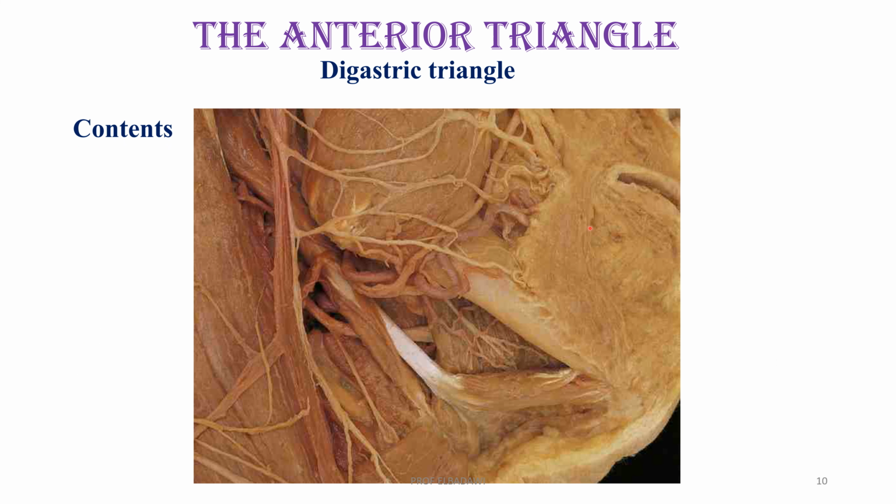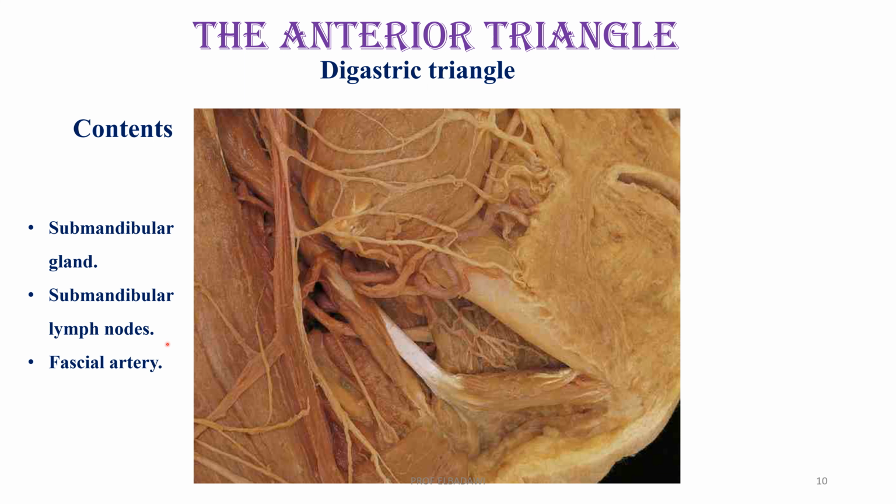The contents of that triangle will be the submandibular gland filling all this cavity, which has been removed to show the structures, and the submandibular lymph nodes, the facial artery over here, which forms a loop at the lower part of the base of the mandible, and the facial vein above, crossing the artery, very close to it on the base of the mandible.